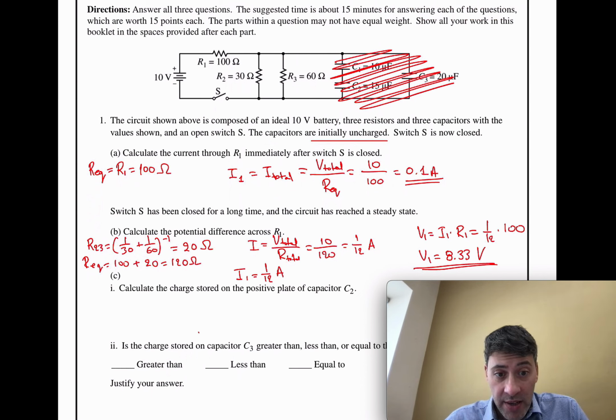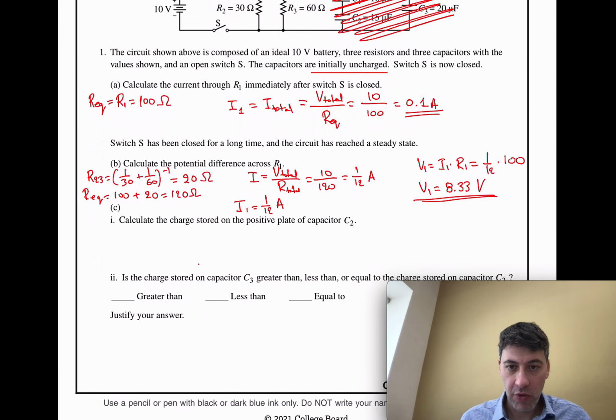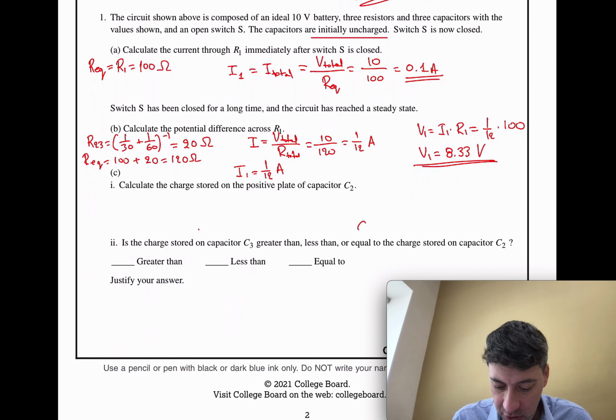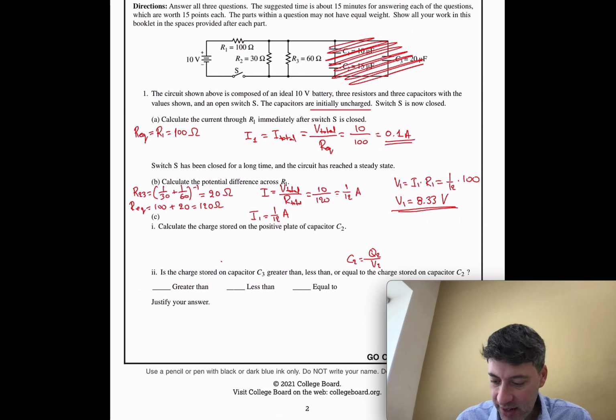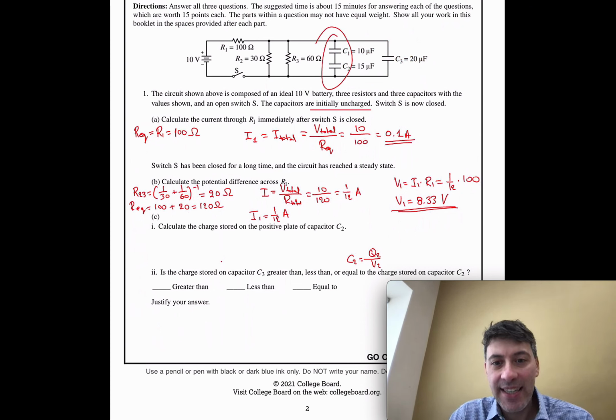Nothing difficult so far. And later we need to calculate the charge stored on capacitor C2. Now, there is no way we can find directly the charge stored on capacitor C2. Sooner or later we're going to use C2 is equal to Q2 over V2, but somehow we need to find the voltage too. And this is a little bit difficult because the second capacitor belongs to a system of two capacitors that are connected in series.